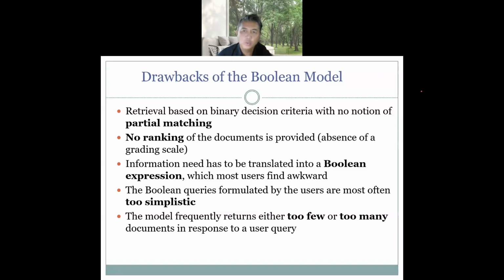The information need has to be translated into a Boolean expression, which most users find awkward, meaning that at the end of the expression you can only get true or false, 1 or 0. 1 if they are the same, 0 if they are not the same. So this is too simple, and we cannot use this because this model cannot do document ranking. The model frequently returns either too few or too many documents in response to a user query.